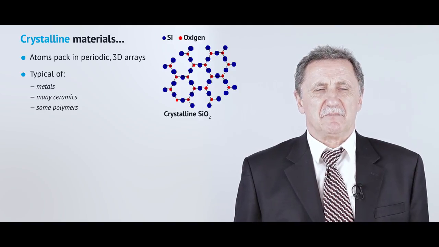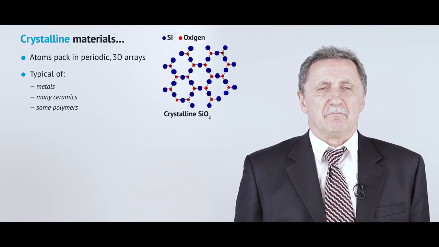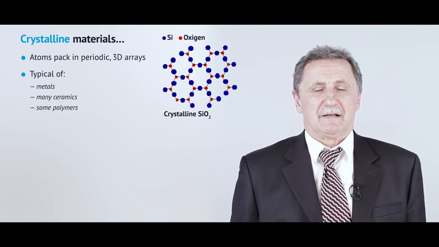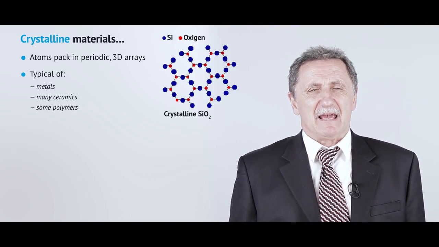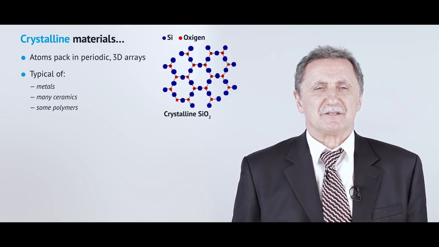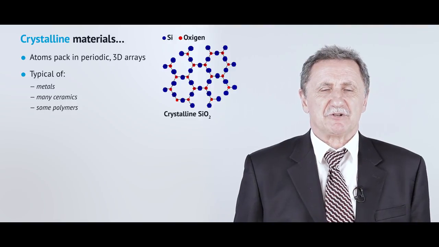So, indeed, materials are packed in some very special structures, so-called crystalline structures. It means that atoms pack in periodic 3D arrays, all of them: metals, ceramics, some polymers also. This packing can be very nicely organized to have very nice periodic structures.